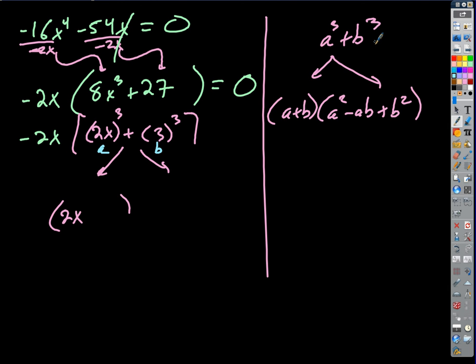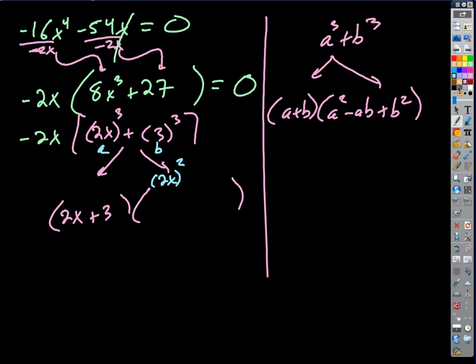Okay? So the pattern tells us we're going to break it up into a plus b. So I get 2x plus 3 times a squared. Well, a is 2x, isn't it? So what is 2x quantity squared? 4x squared.